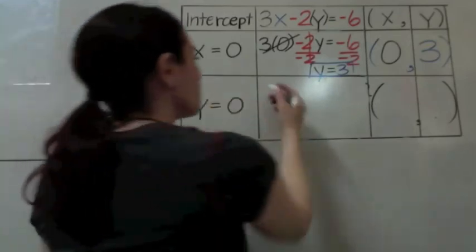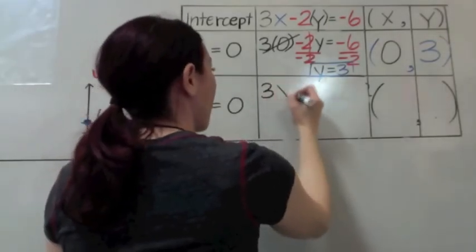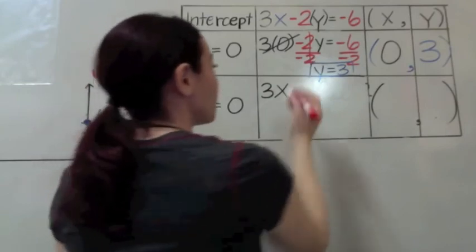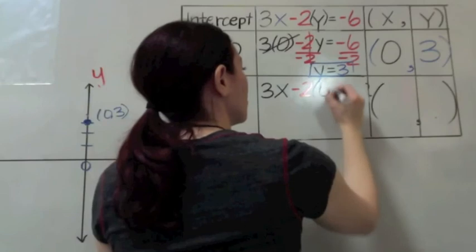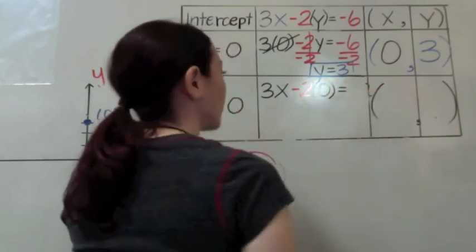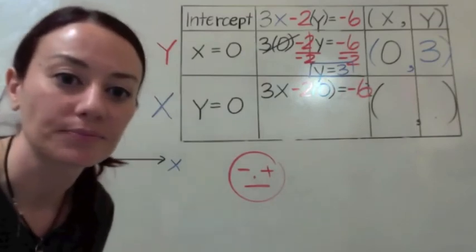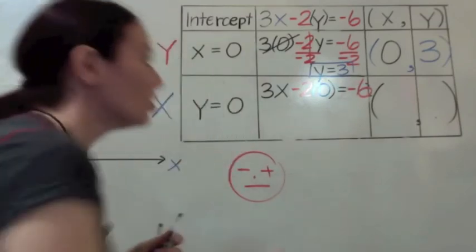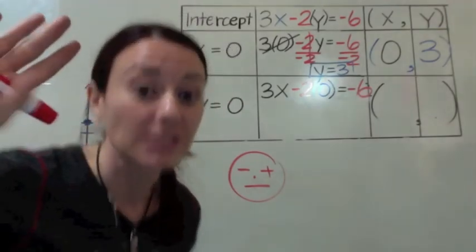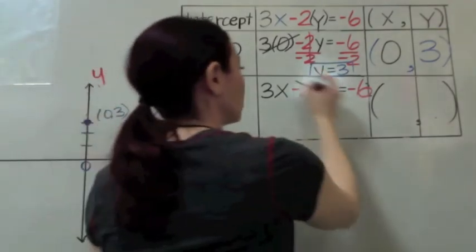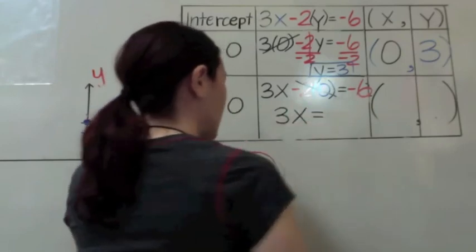All right, so I'm going to write 3x minus 2 times 0 equals negative 6. Okay, are we good with that? All right. So what is negative 2 times 0? Anybody? Negative 2 times 0, it's 0. Cross it out. You're left with 3x equals negative 6.